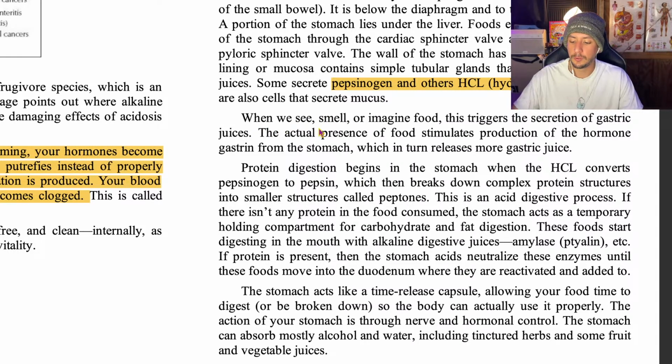So when we see, smell, or imagine food, this triggers the secretion of gastric juices. The actual presence of food stimulates the production of the hormone gastrin from the stomach, which in turn releases more gastric juice. This is why your mouth waters whenever you see something you really want to eat. This is why you get happy, you almost get tingly whenever you see the waiter come through with your plate.